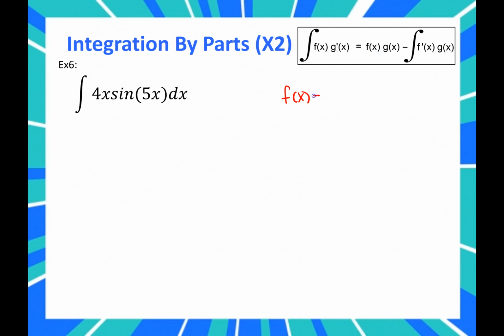So here we've got f of x is equal to 4x. So our f prime of x is going to be equal to 4. My g prime of x is going to be equal to a whopping sine of 5x. Give myself a little more room there.